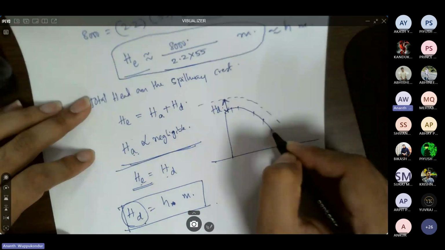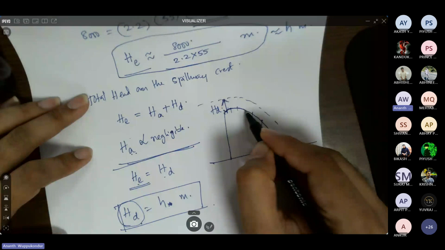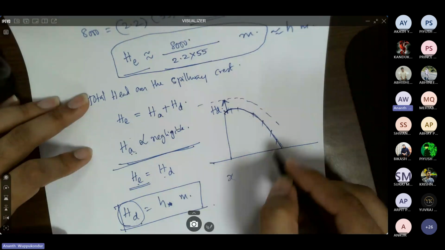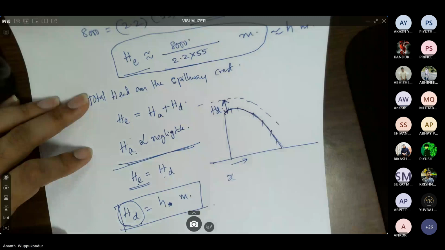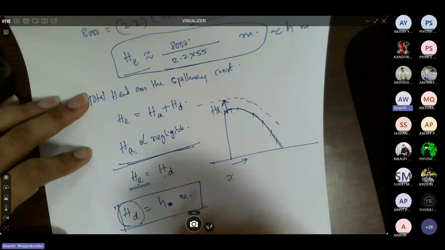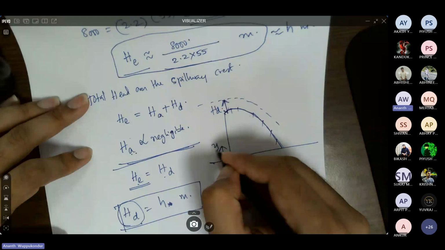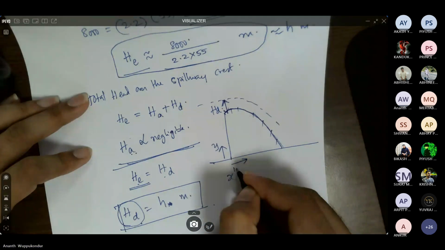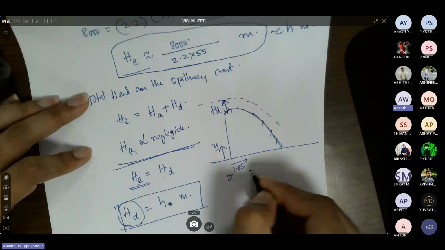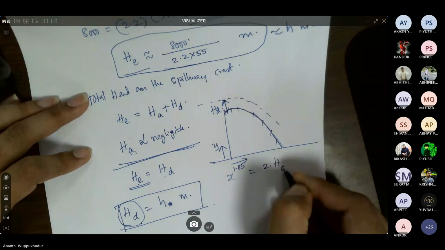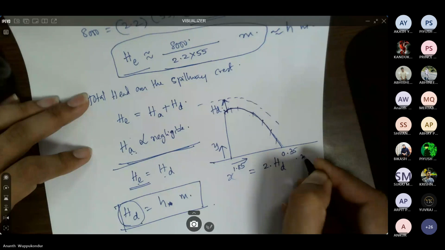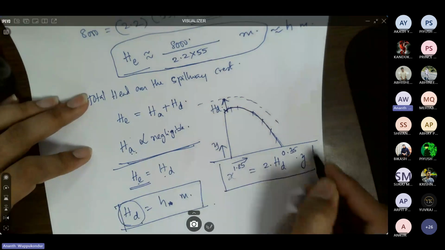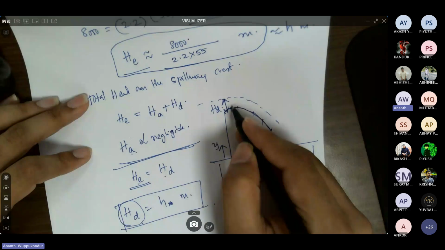Earlier we discussed that the profile of the Ogee spillway is a function of x, which is the distance along the dam, and a function of depth y. And this profile is given by x to the power 1.85 equals HD times y. So this is the function which gives us the profile of the Ogee spillway.